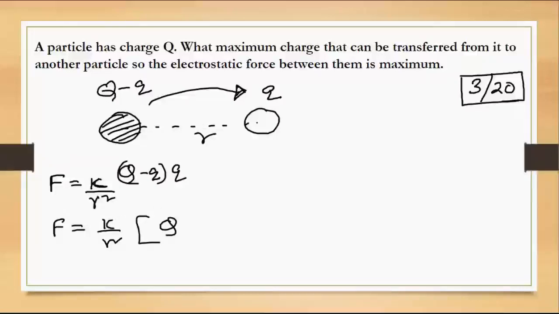Expanding, it will be q into Q minus q square. As we need to maximize the force, it means dF by dq, the differentiation of F with respect to small q, will be 0.